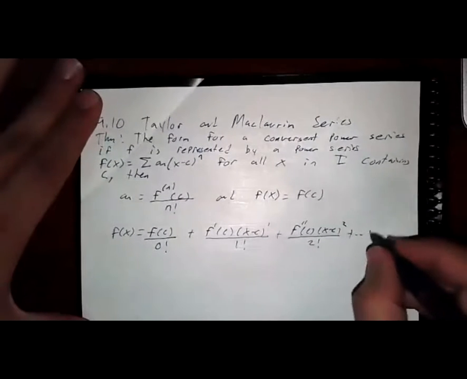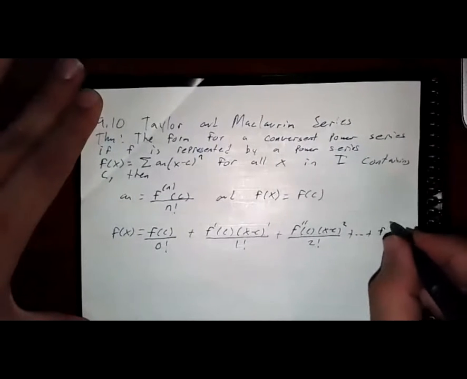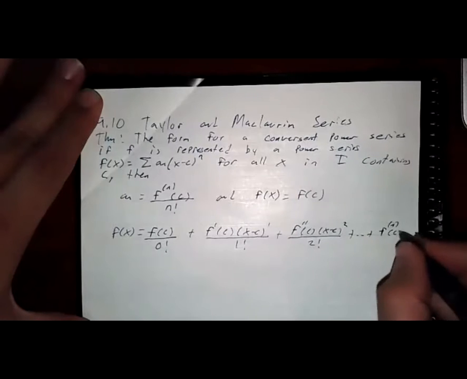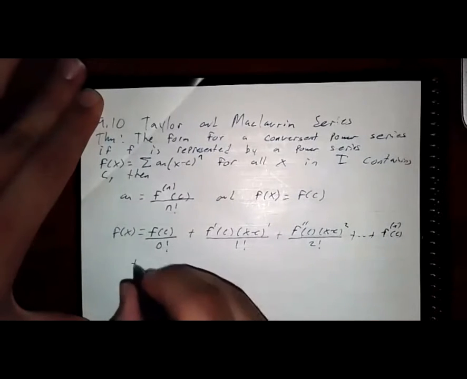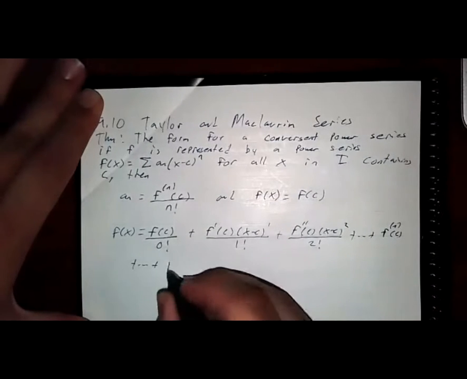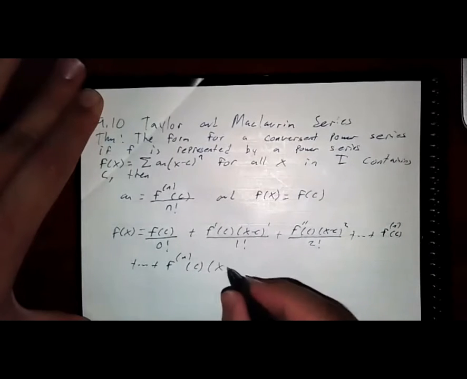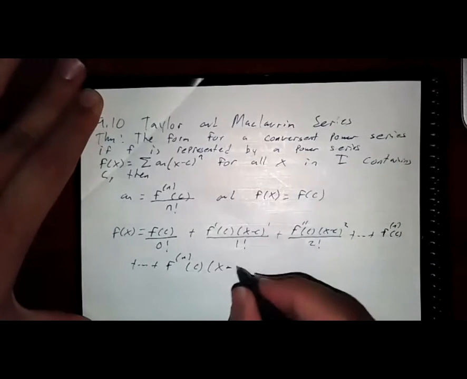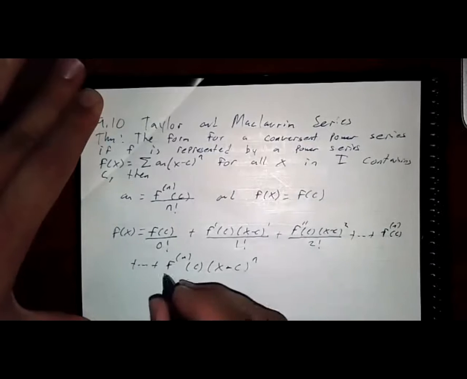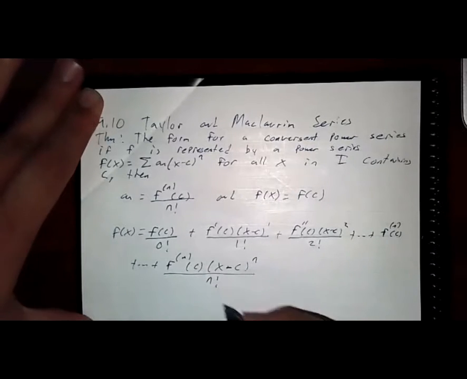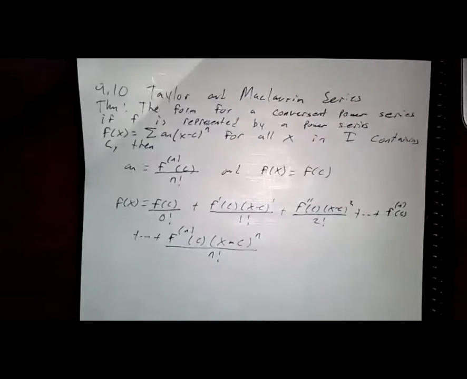All the way until the general form of the nth derivative of f at c times x minus c to the n over n factorial. So this is the general, well, let me phrase this better.